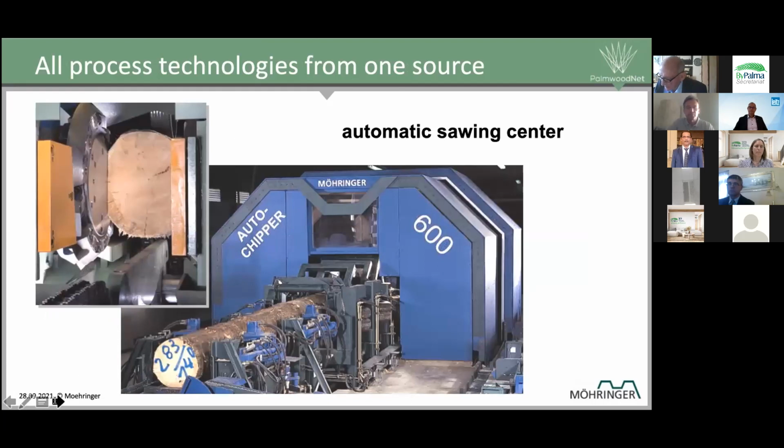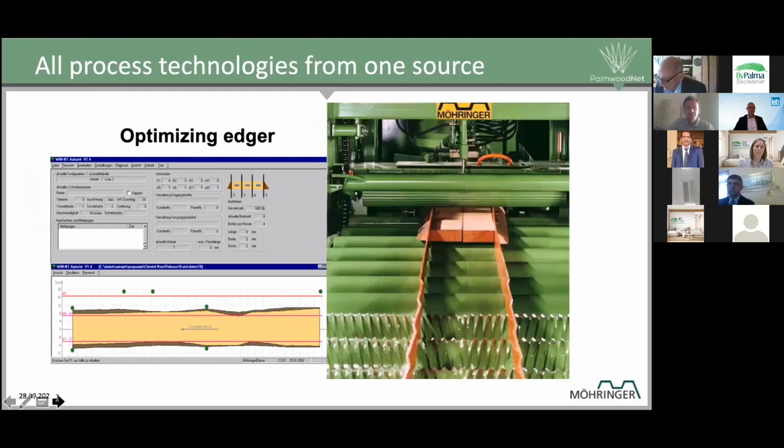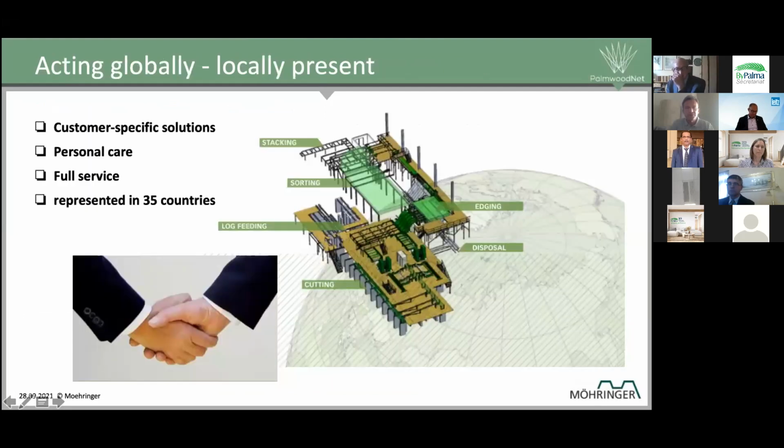Then the preparation of the sideboards, the optimizing edgers to rip and edge sideboards by also optimization technologies. And then also the necessary stacking and sorting systems for a relatively automated way of production. We are represented in 35 countries worldwide to provide all the after-sales service, which is necessary afterwards.